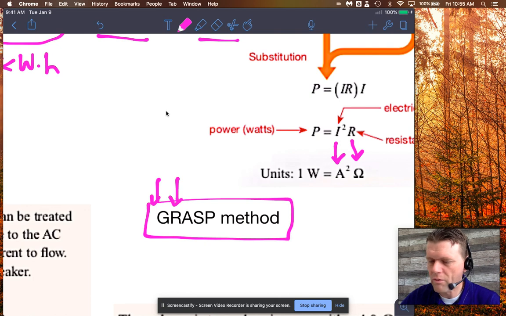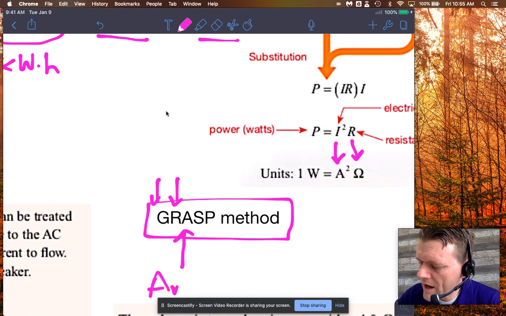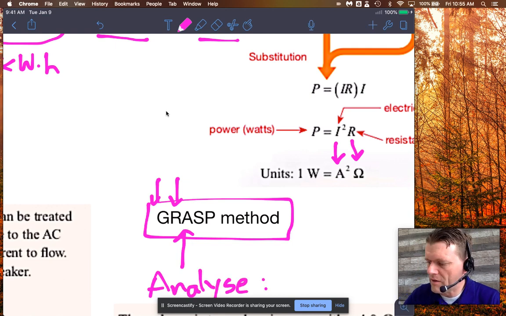R stands for what's required. So what is the question asking you to find? That is the variable that's not known, and so that's the one you're going to look for, and to do that, you're going to need to pick a formula, which is A. A stands for analyze, and what that really means is choose the right formula, okay?